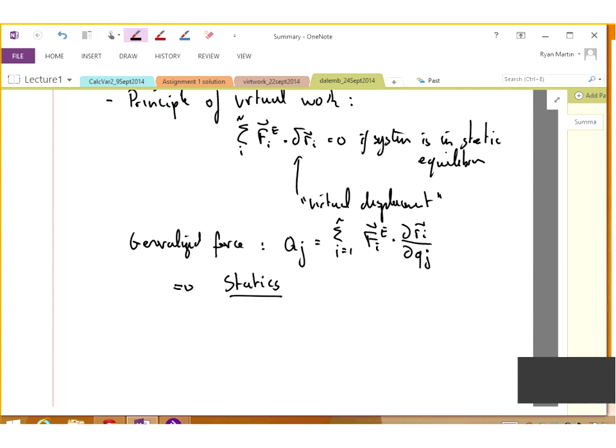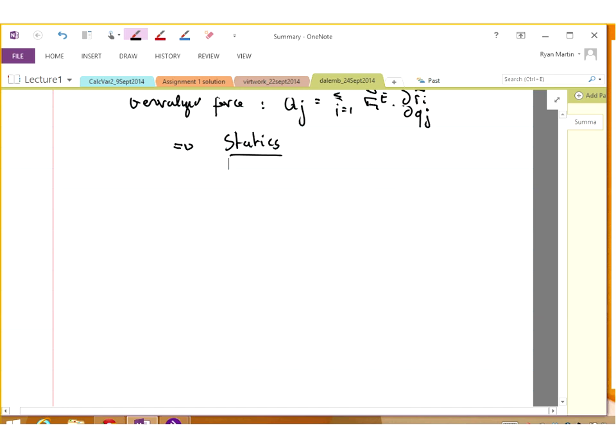Then after that, the next obvious step is how to generalize this to dynamics. So remember, statics in vectorial mechanics is basically given by the scenario where the sum of the forces equals 0.